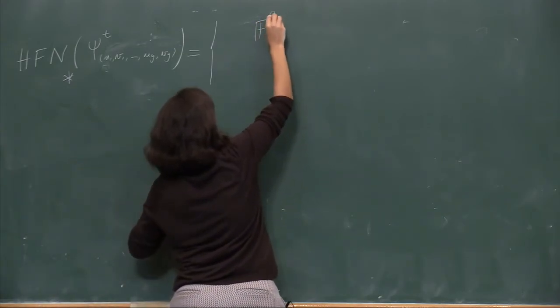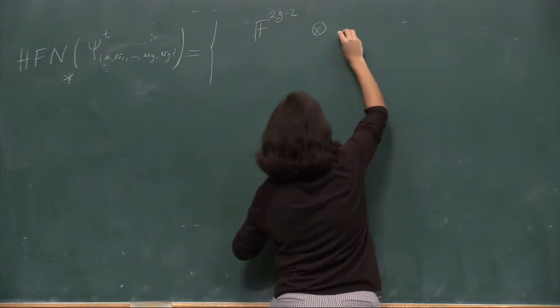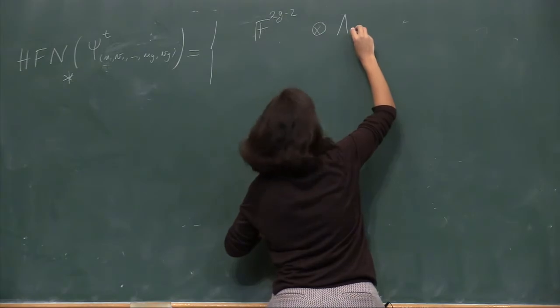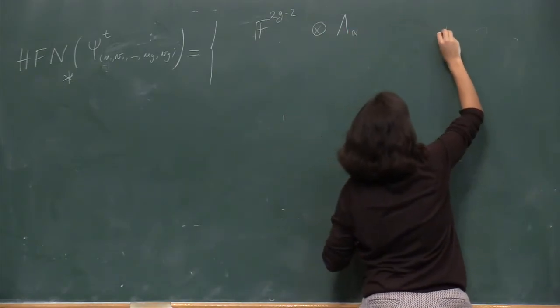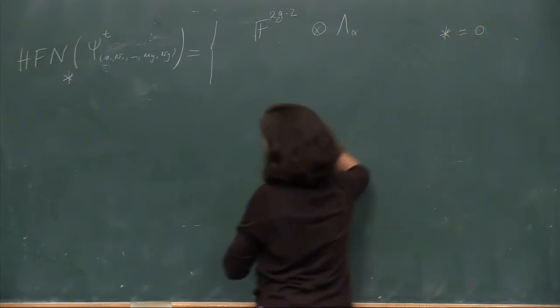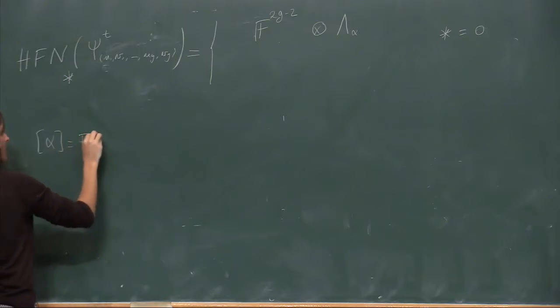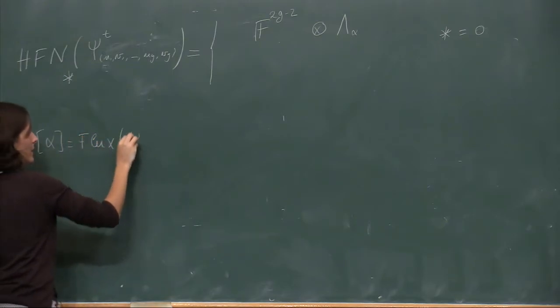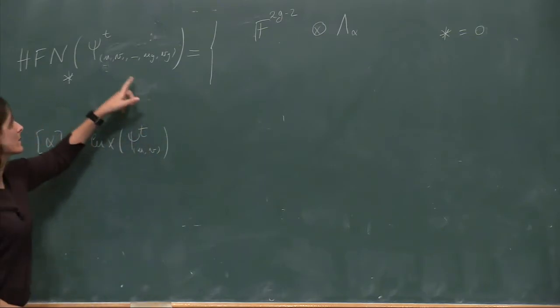And I'll write it this way: F^(2g minus 2) tensor with the Novikov ring associated with the flux of psi. This is in degree 0. So alpha is a representative of the flux of that psi t.